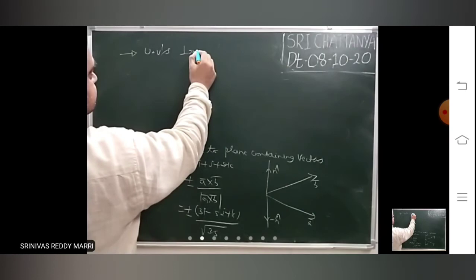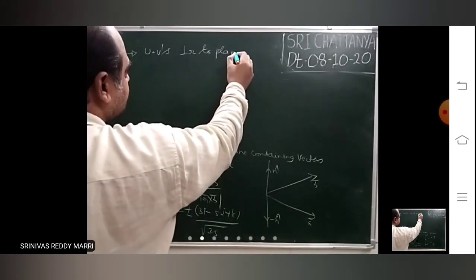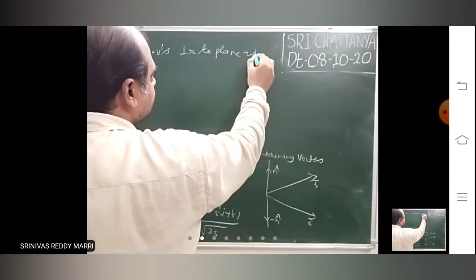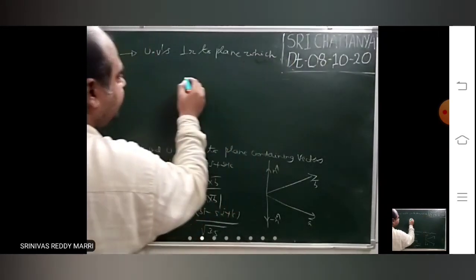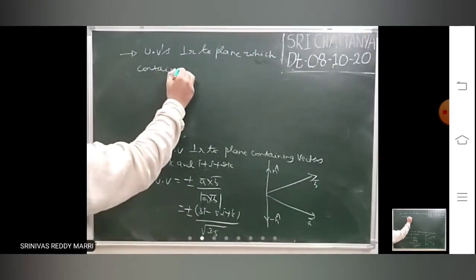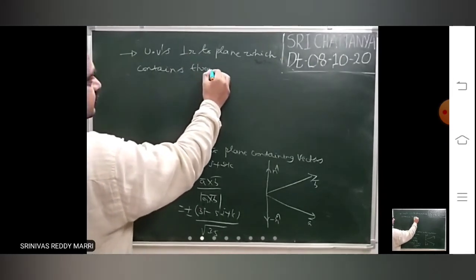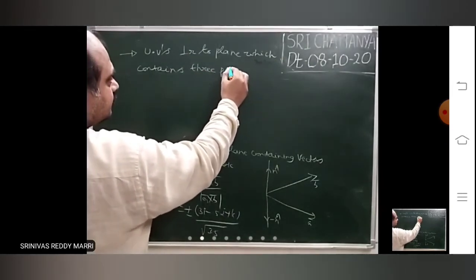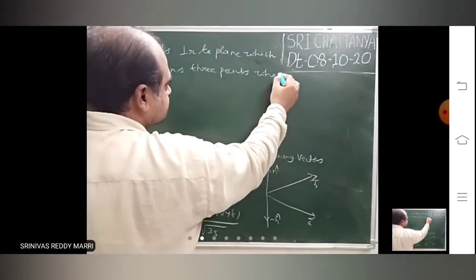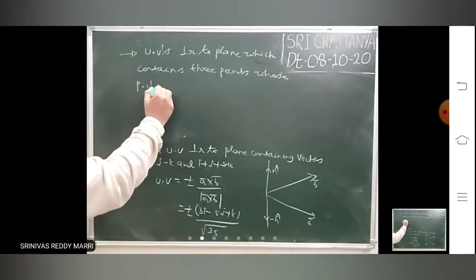Unit vectors perpendicular to the plane which contains 3 points whose position vectors are given.